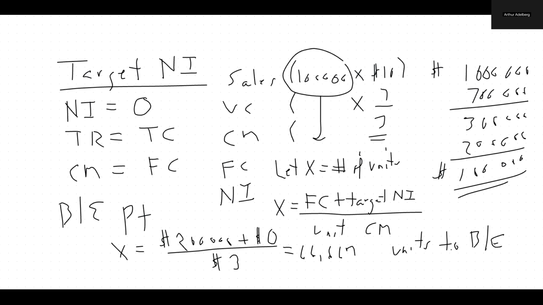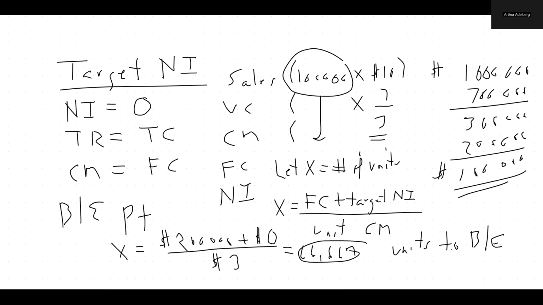Most of the topics we cover in this chapter, there's a benefit to preparing an income statement based on the answers we get as a way of checking our work. So in other words, I want to check to see if we correctly computed the break-even point.